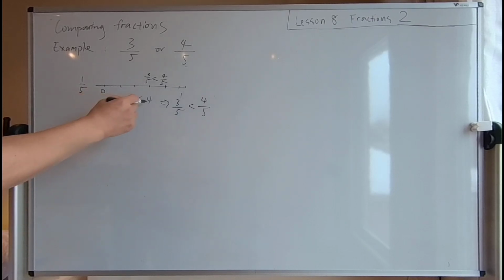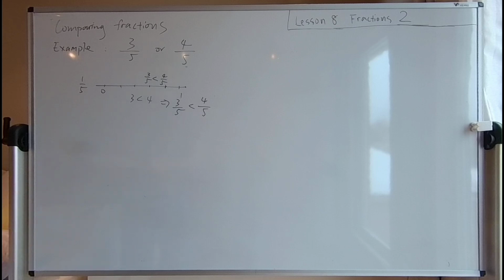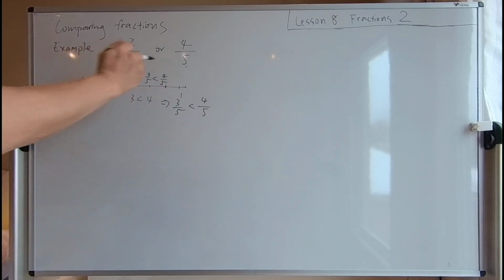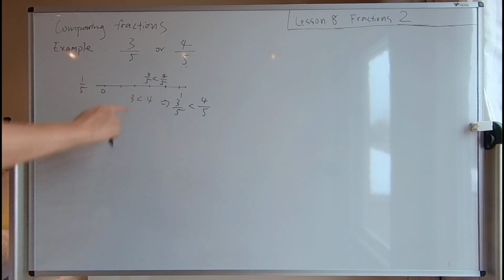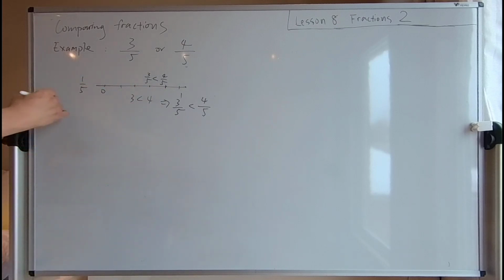Right? Because if 3 is less than 4, and both numbers are divided by the same positive number, then 3 over 5 should also be smaller than 4 over 5. So this is an easy example because they have the same denominator, so you can easily draw them on the number line or just compare them in a relatively direct way.